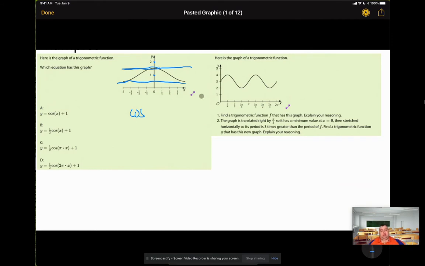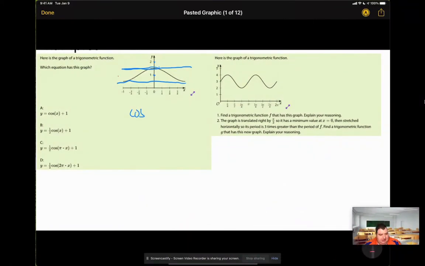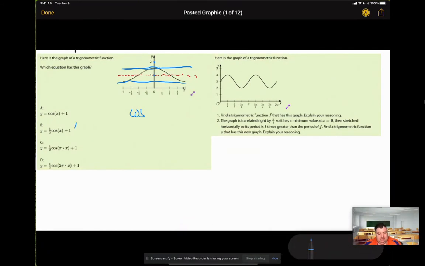So my low point's at a half, my high point's at 1.5. Halfway between that is going to be at 1. So I know that the midline is at 1, which means when I write my equation, the plus 1 has to go after the parentheses.